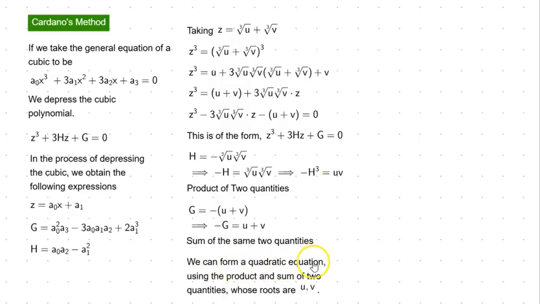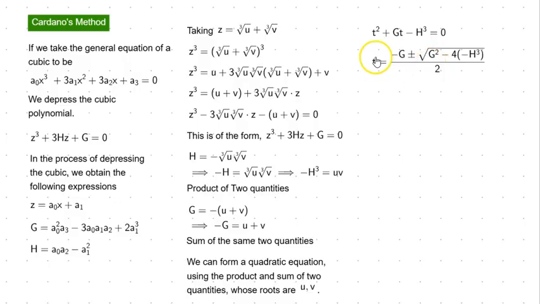So we can form a quadratic equation using the product and sum of two quantities whose roots are u and v. So we get this quadratic in t. Why we are not taking x is because x has already been used up. So t² + gt − h³ = 0.